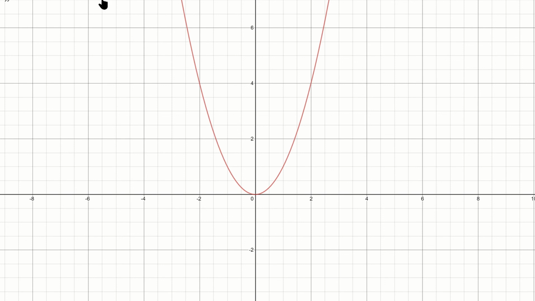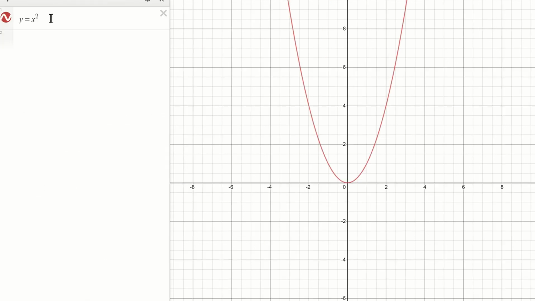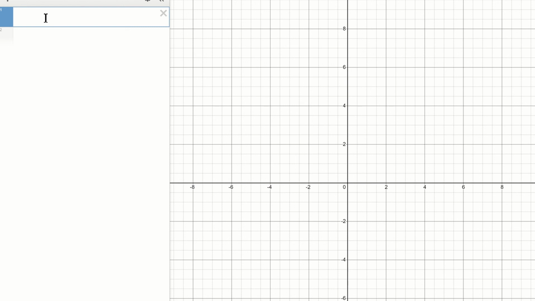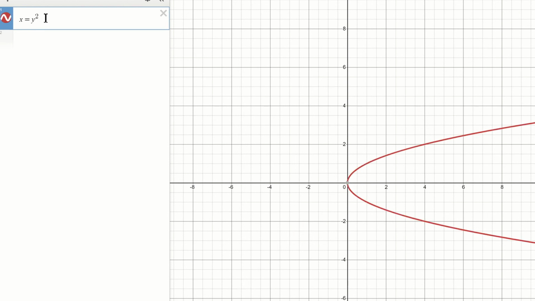But when we look at a horizontal version, so if we switch x and y and graph x equals y squared, notice these no longer pass the vertical line test, so these would not be functions.